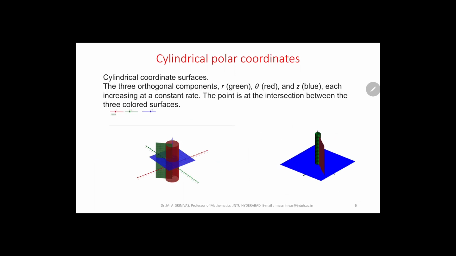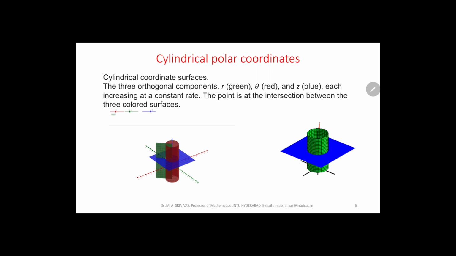See here, if different points are changed, then observe the cylinder, this R value is changing. This blue one is the Z plane, the red one is theta, and R is the green one. You can observe that a cylinder is coming, and this is the reason why we call it cylindrical polar coordinates.